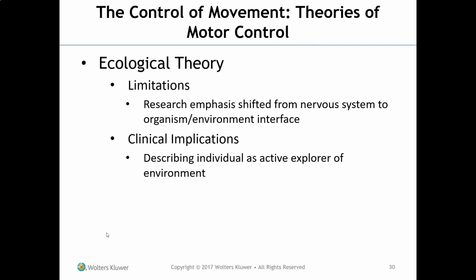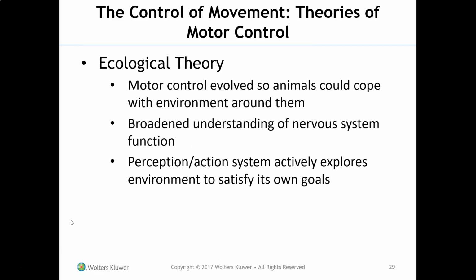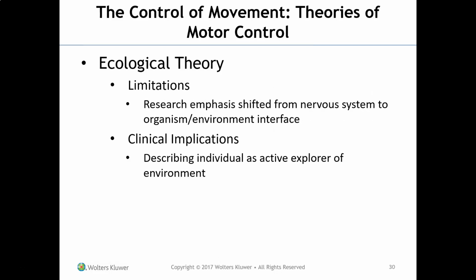So before we go into the limitations, an example of this ecological theory is, let's say a child learns to grasp, or reach and hold something, right? Well, just because he learned that ability doesn't mean that he's going to grasp and hold everything that he sees, right?